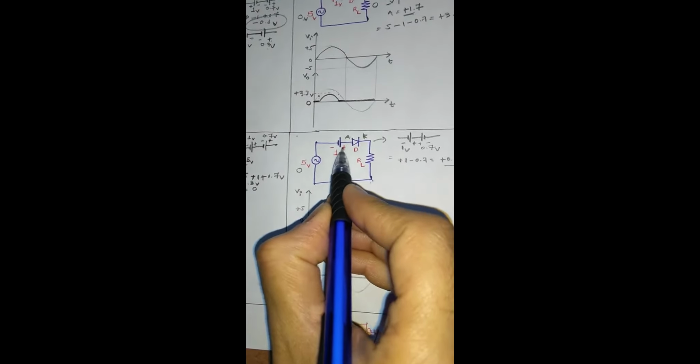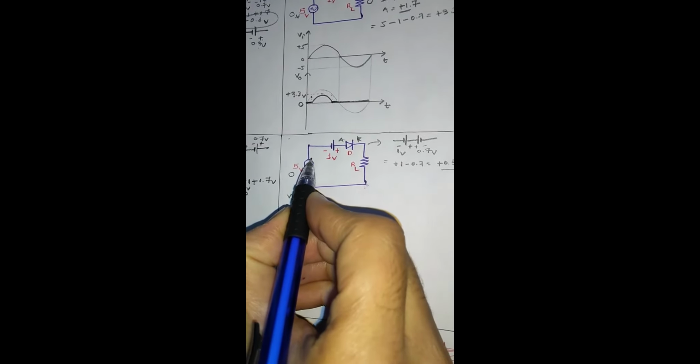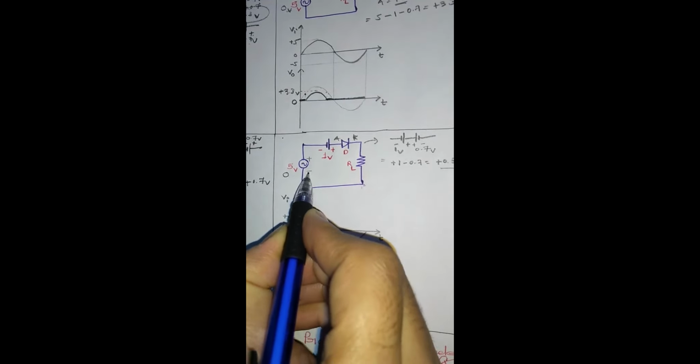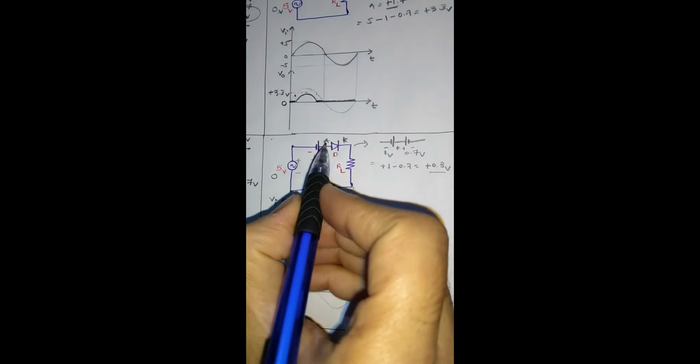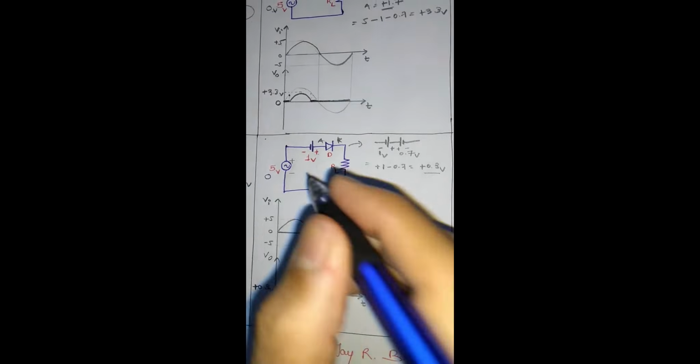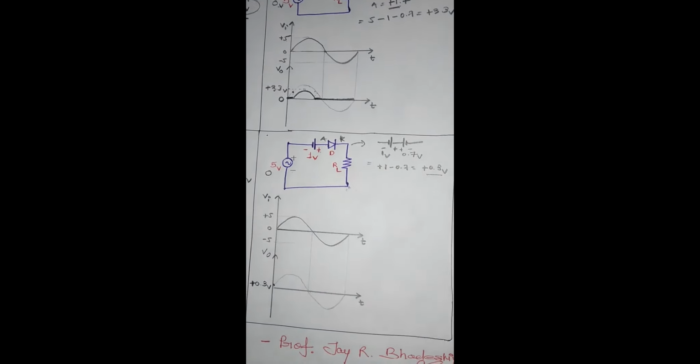So consider the next point. In the positive half cycle, when you apply plus minus, the minus plus and minus plus are both in series, so they add, and anode is always plus. So in the whole positive cycle, D is on. So your waveform starts from plus 0.3, not 0.